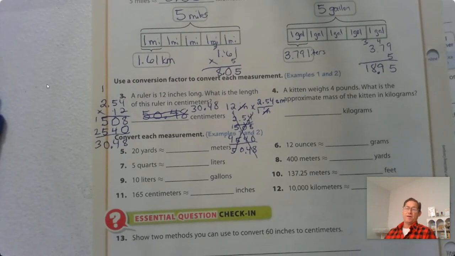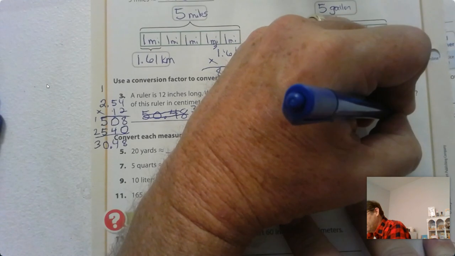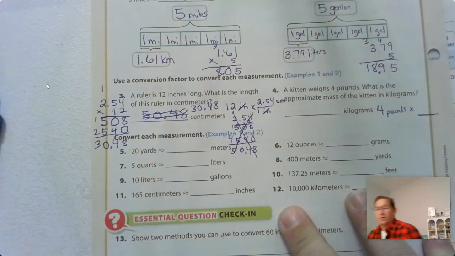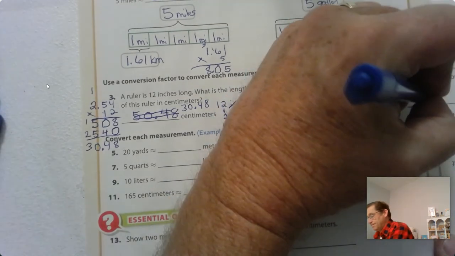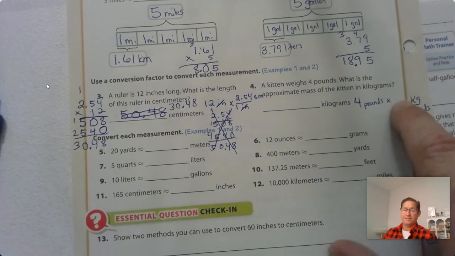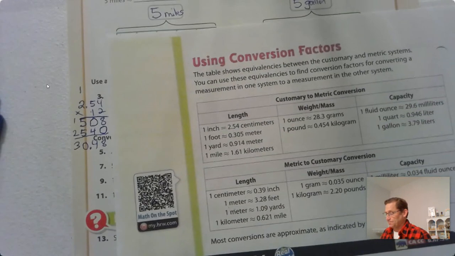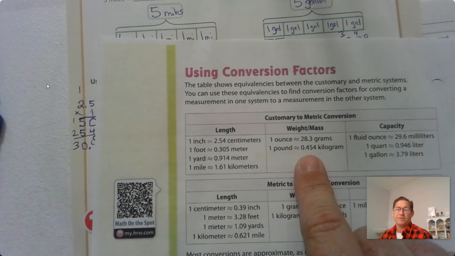All right, number 4. A kitten weighs 4 pounds. What is the approximate mass of the kitten in kilograms? So we're going to start with 4 pounds. And so on the conversion factor chart, we want to find pounds to kilograms. So 1 pound is approximately 0.454 kilograms.